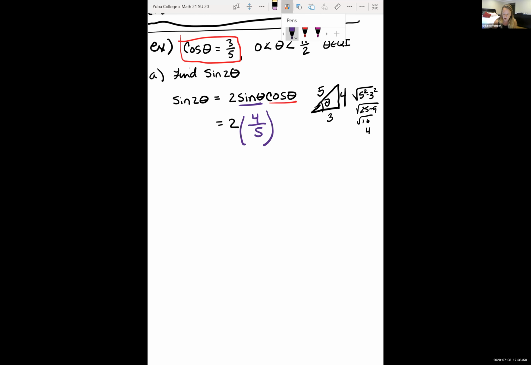And then we're given cosine theta was 3/5. So nothing simplifies in the numerator and denominator, so just multiply straight across. We have 2 times 4 is 8, 8 times 3 is 24, so we have 24 all over 5 times 5 is 25.